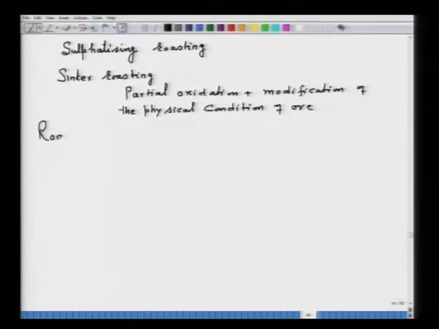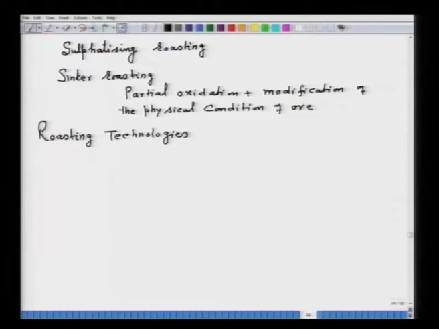Now, let us see some of the roasting technologies. What do you require?